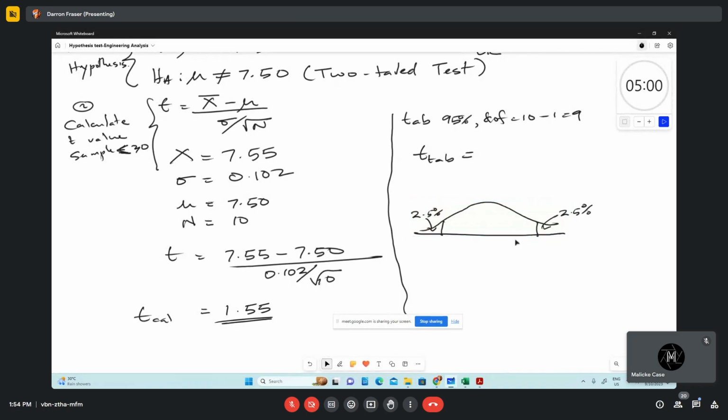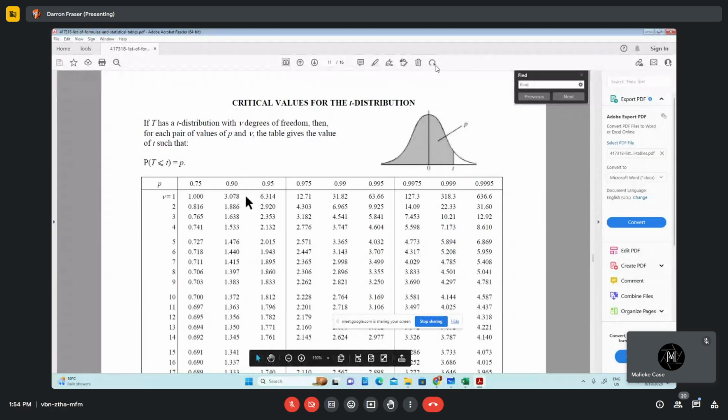5% means 2.5 over one end and 2.5 over the other end. So what we're going to have to do is look up everything from here going back. So this is going to be 0.975, because we're only looking up 2.5% as one half of the table. So we're going to look up not under 0.95 because of the two-tail test, but under 0.975. Or we'll look under 9.